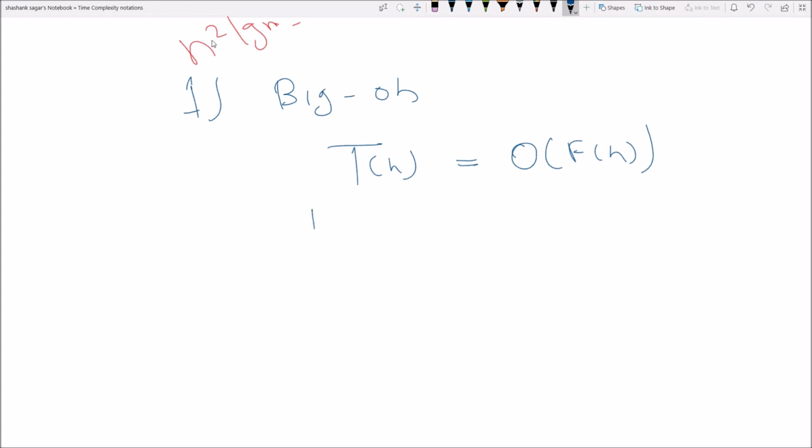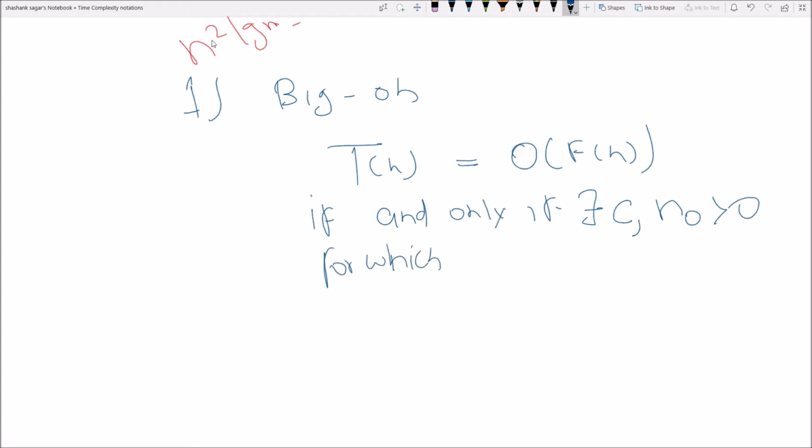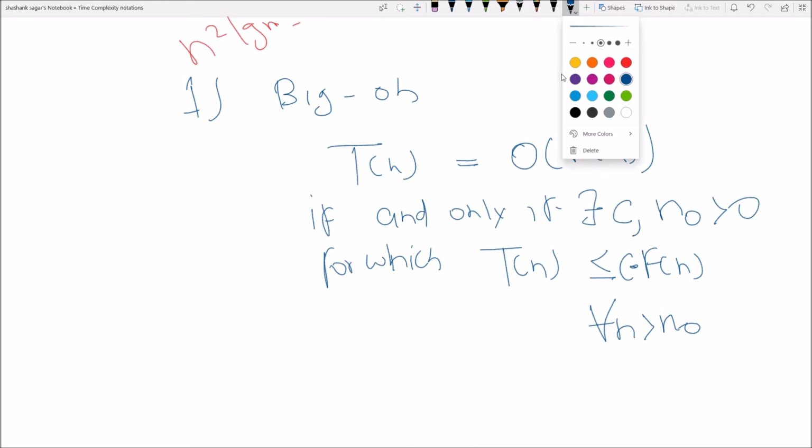This can only happen if and only if there exist constants c and n naught greater than 0 for which T of n is smaller than or equal to c times f of n for all n greater than n naught. You might not have understood this.